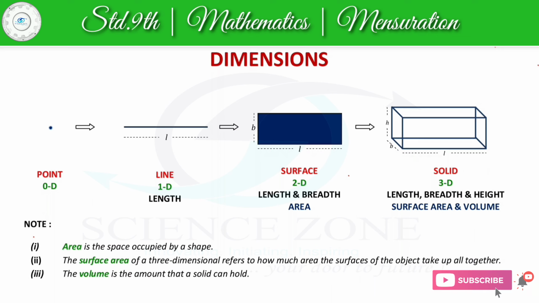Dimensions. In Standard 9, we learned 3 steps from a solid to a point in chapter Euclid's Geometry. In each step, while going from a solid to a point, we lose one extension called its dimension. Dimension is measurement of something in one direction. A solid has shape, size, and position.